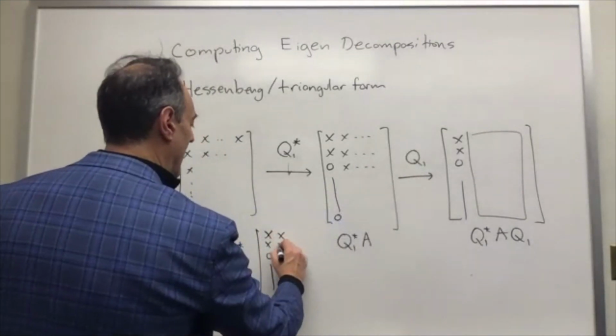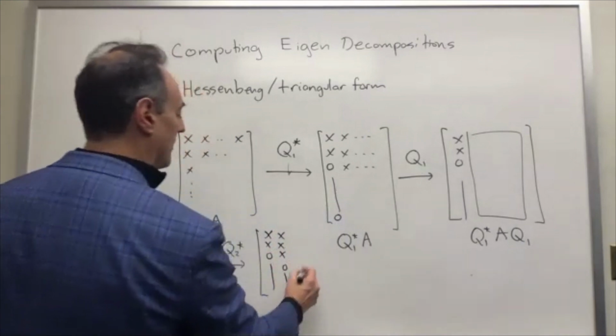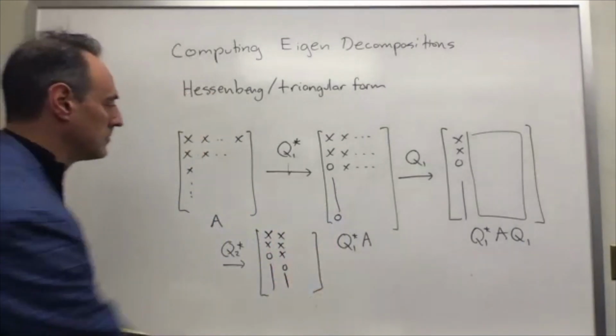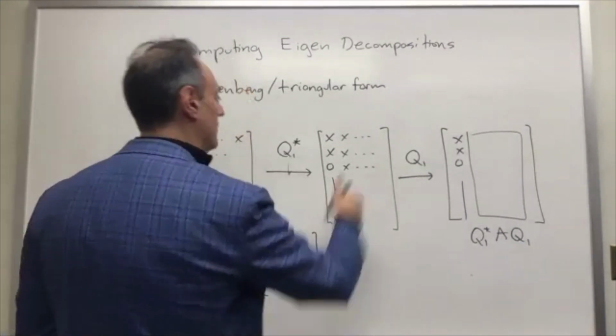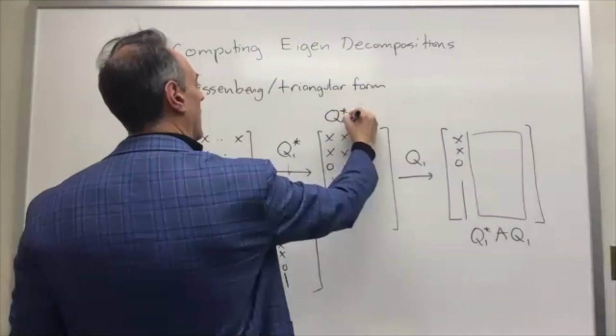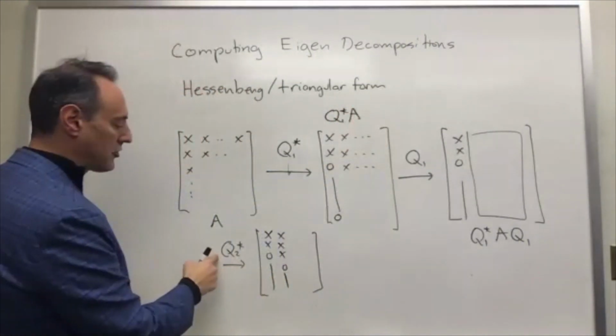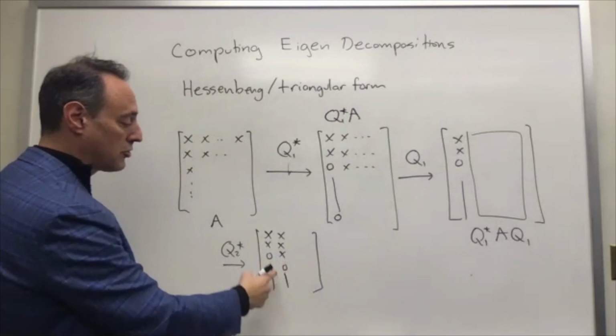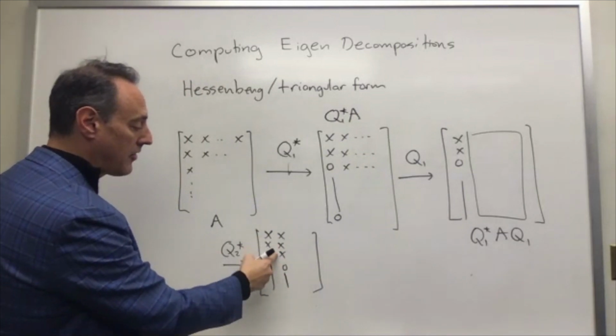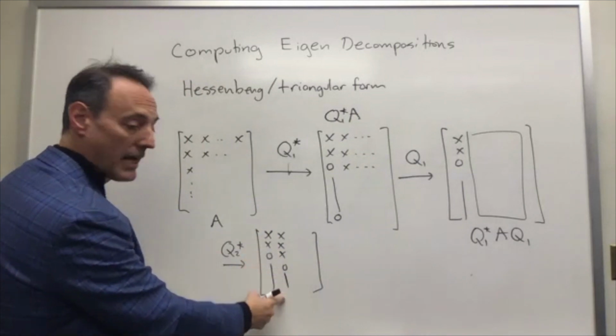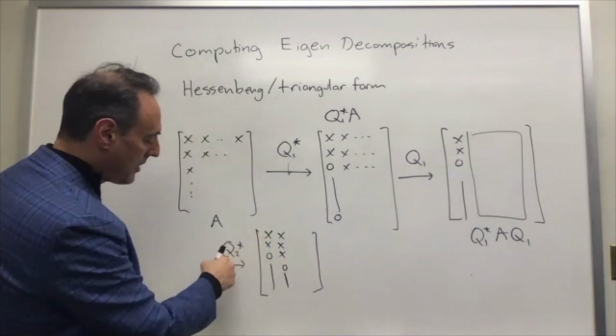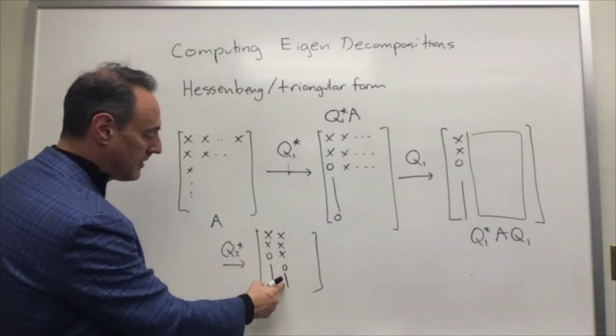I want X and X and X and zeros below there. Take this out here. So this is Q1 star A. So now I'm going to find this Q2 star such that this is true. I just zeroed out everything one below the diagonal. Find that matrix Q2 star that does it.